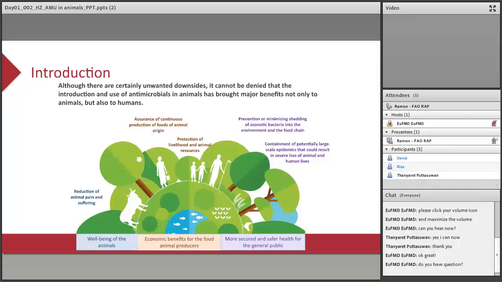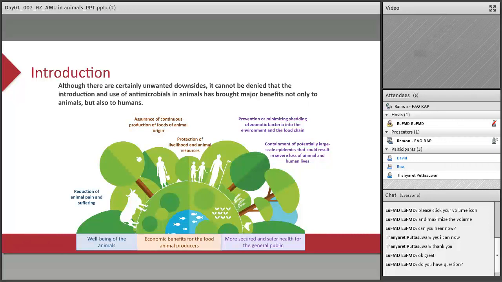Second, kind of important, is the economic benefit to food animal producers, ensuring continuous production of animal-derived food and also protecting livelihoods and animal resources.